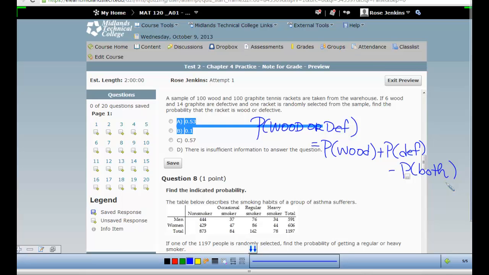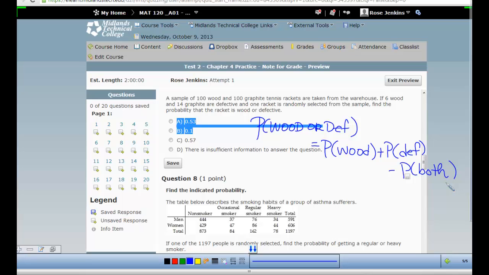Okay? But something else we're going to need to use that we don't have yet. Well, maybe we have it. I don't know. Maybe we do have it. All right, can we put the numbers in?